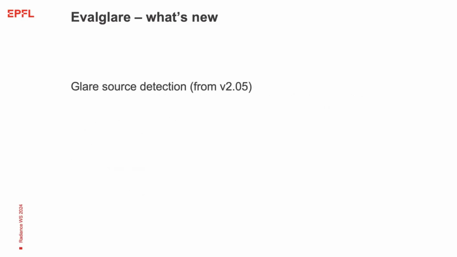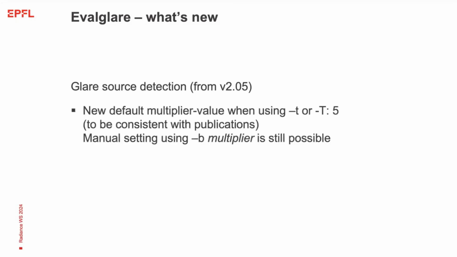Then about glare source detection. This was not yet officially announced, but that's why I'm doing this here. The default multiplier when using the task method is now 5, simply to be consistent with publications, but the manual setting is still the same as before.